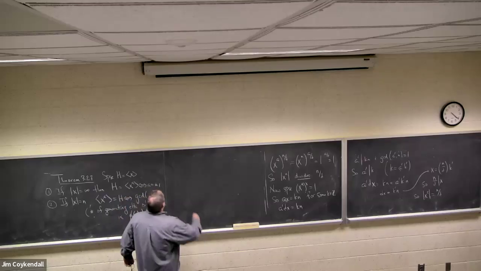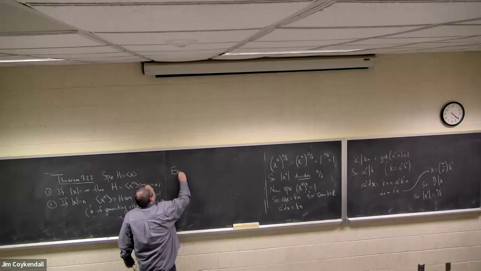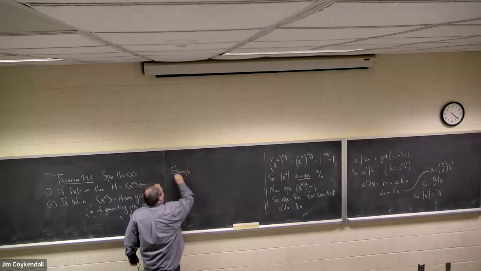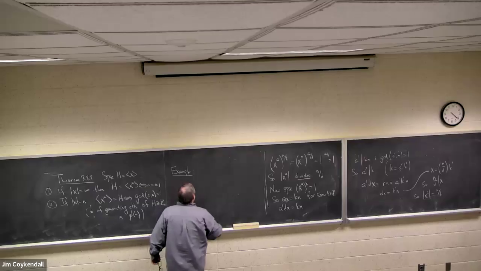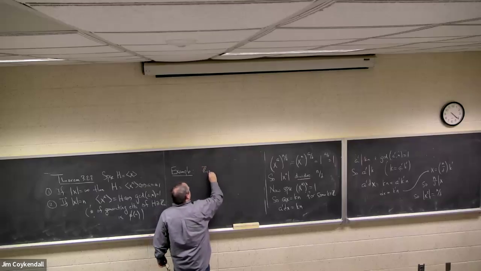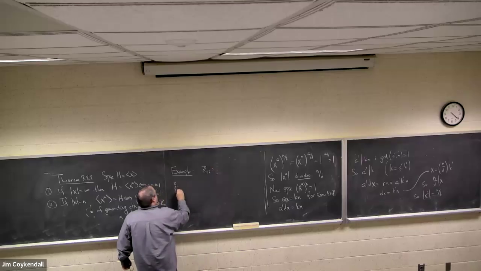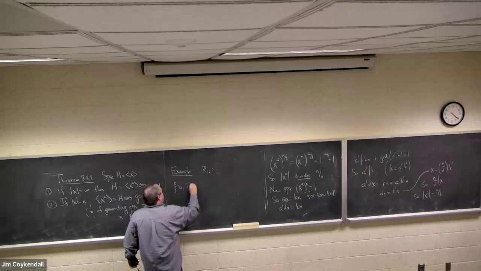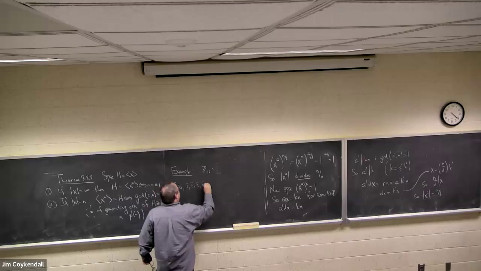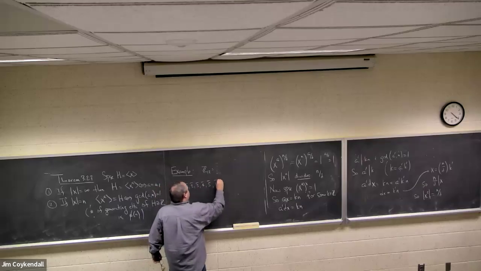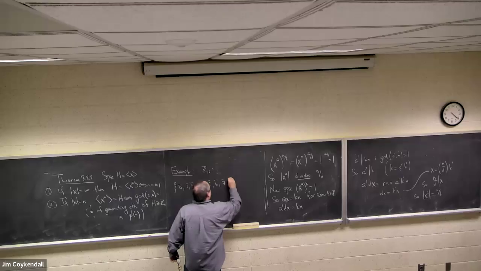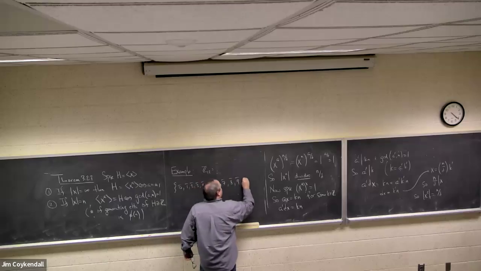It's mostly in the notes, but let me give you an example that illustrates this. Let's look at Z12. Start down here: 0, 1, 2, 3, 4, 5, 6, 7, 8, 9, 10, 11.